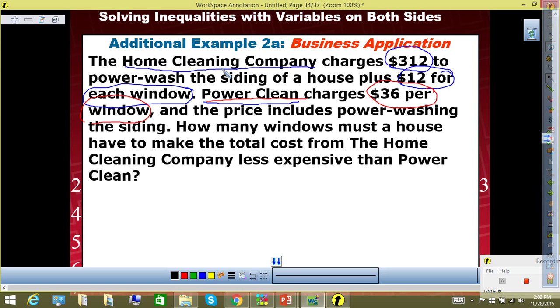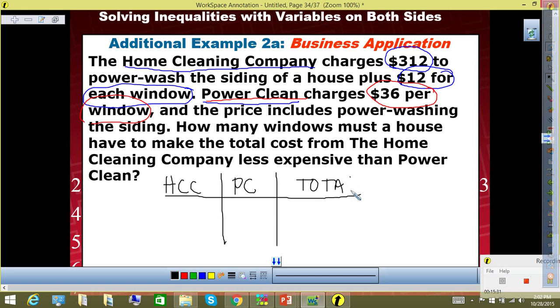So how many companies? 2. So 2 lines down, 1, 2, 1 across. And this one we're going to label for the first company HCC, Home Cleaning Company. This one is PC for Power Clean. And right here we're going to write total. Remember this table? We've been using these?